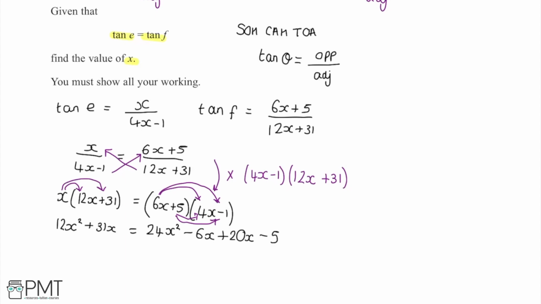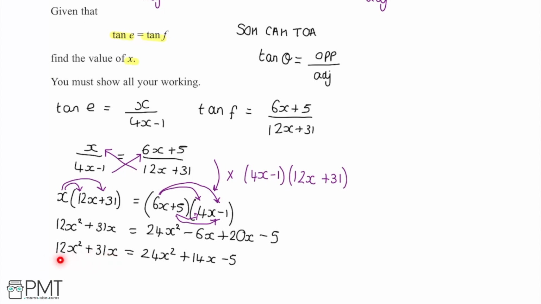We can now simplify this down further and collect like terms, so it's just leaving the left hand side the same. That's equal to 24x squared minus 6x plus 20x just gives us plus 14x minus 5. And we can now collect the terms further, so we can subtract 12x squared from both sides, and we can subtract 31x from both sides.